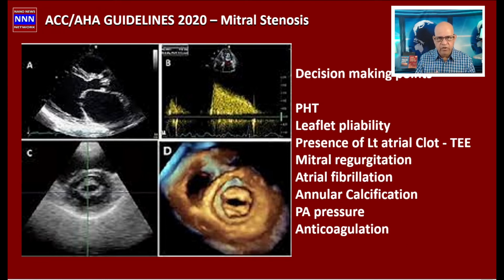Even if you do balloon valvular commissurotomy, if they have pre-existing conditions like a grossly dilated left atrium, atrial fibrillation, or left atrial thrombus, they still need to be on long-term anticoagulation. And that is an important factor to take into consideration, especially if you're dealing with the women population in the ages 30 to 40, where the side effects of anticoagulation are an important factor to keep in mind.